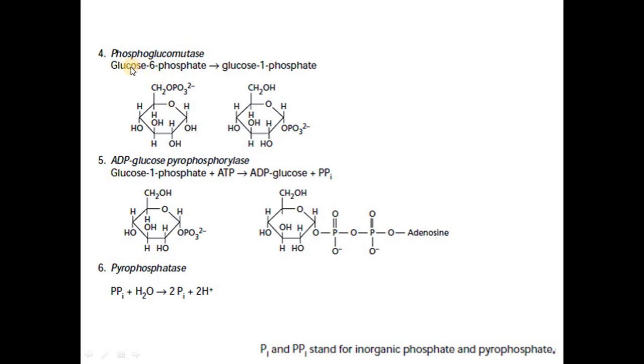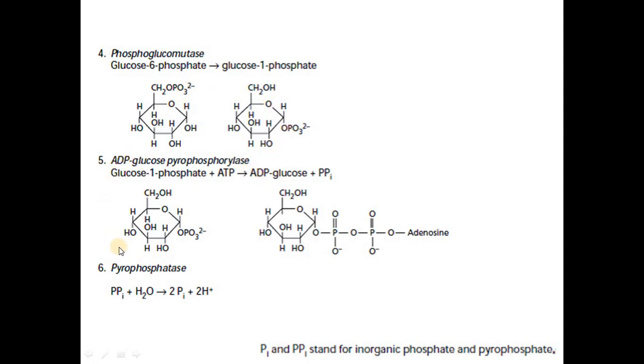Then in step number 4, we convert glucose 6-phosphate into glucose 1-phosphate. So the plant, using this enzyme, phosphoglucomutase, just shuffled this phosphate group from the position 6 to position 1. So from the 6th carbon onto the 1st carbon.